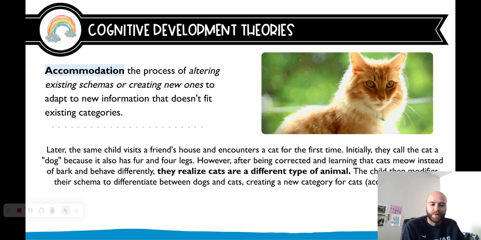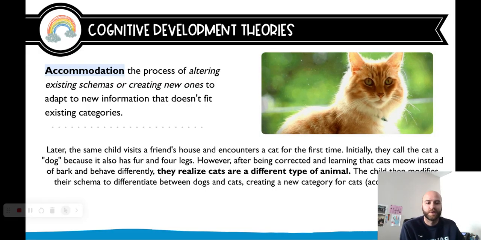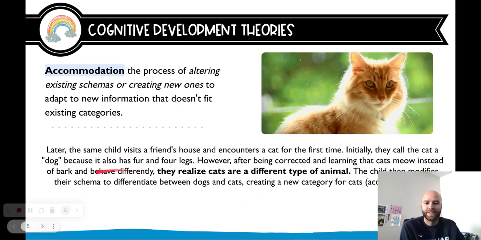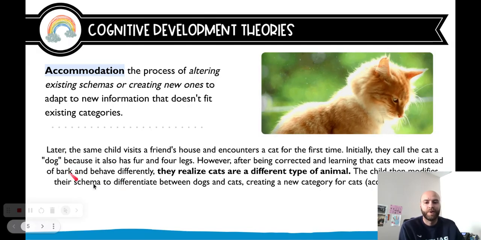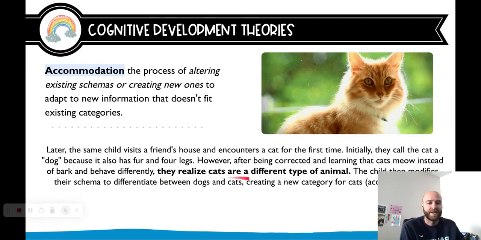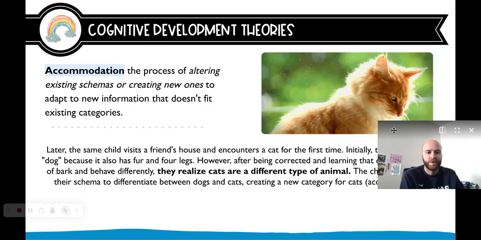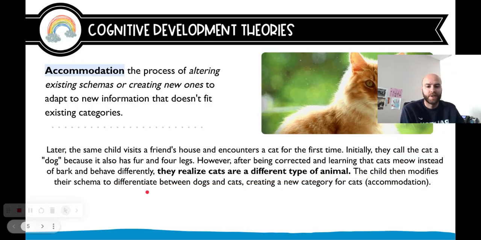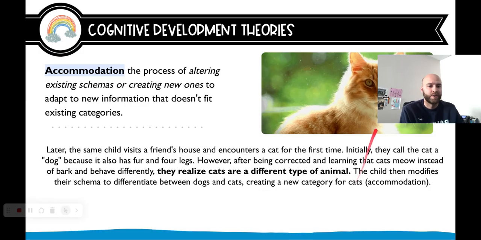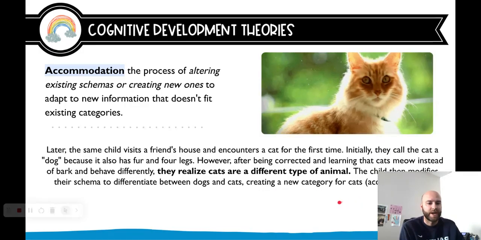However, he gets corrected when his parents or somebody tells him, hey, listen, this cat meows instead of barks. So it might have 4 legs and fur, but it makes a different sound, and it's a different species. They realize that cats are a different type of animal. So they then modify their schema, or accommodate, so they have a different understanding of dogs and cats, creating a new category or new schema for cats.